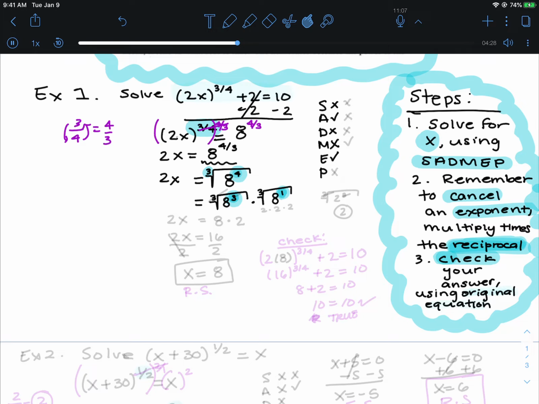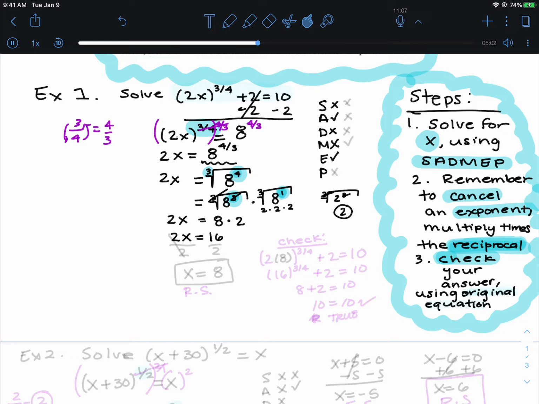By doing this, the cube root and the cube cancel out, meaning that I am going to be left with 8 times the cube root of 8, which is 2 times 2 times 2. That'll mean 8 times 2. So now I'm going to have 2x equal to 16, because the cube root of 8 is 2. You can have the cube root of 2 cubed, that cancels out, leaving you with just 2.